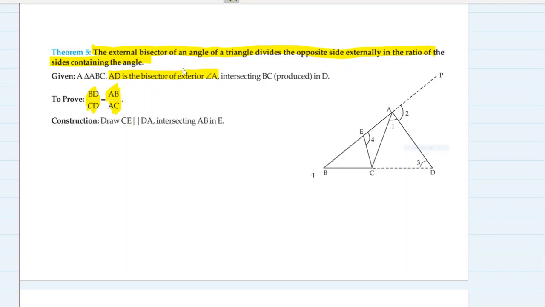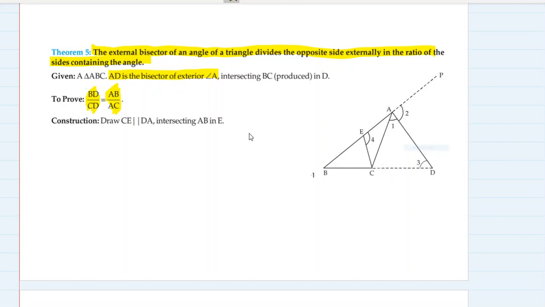The external bisector of an angle of a triangle divides the opposite side externally. The opposite side of this angle A is BC, and BC is divided externally as BD upon CD. So BD upon CD is equal to AB upon AC. That is what you need to prove.